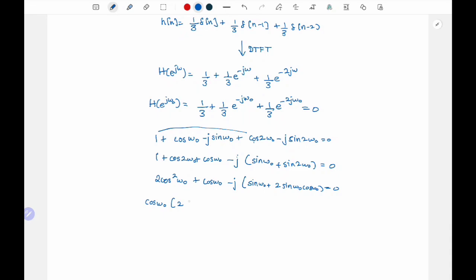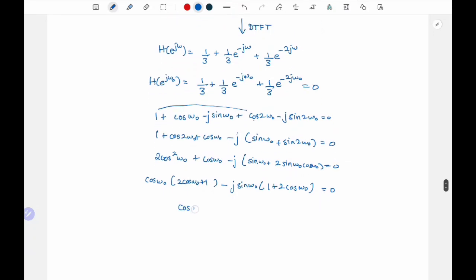So I'll be left with 2 cos omega naught plus 1, minus j into sine omega naught common here into 1 plus 2 cos omega naught, and here also this is 2 cos omega naught plus 1, equal to 0. Now you can see this term is common, so I can group them into 1 plus 2 cos omega naught equal to 0.